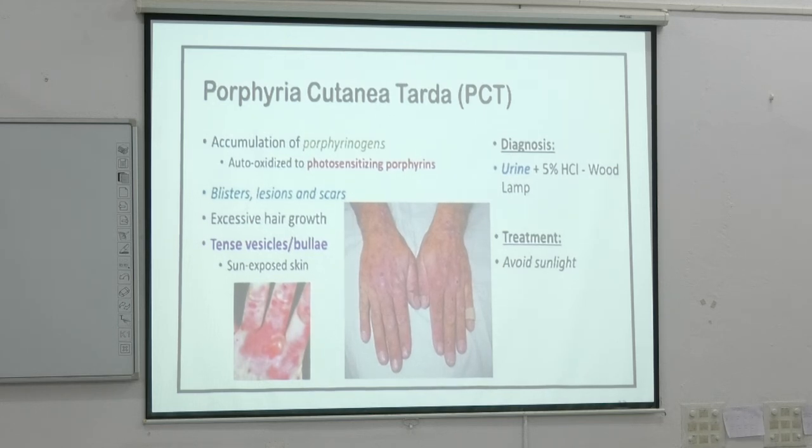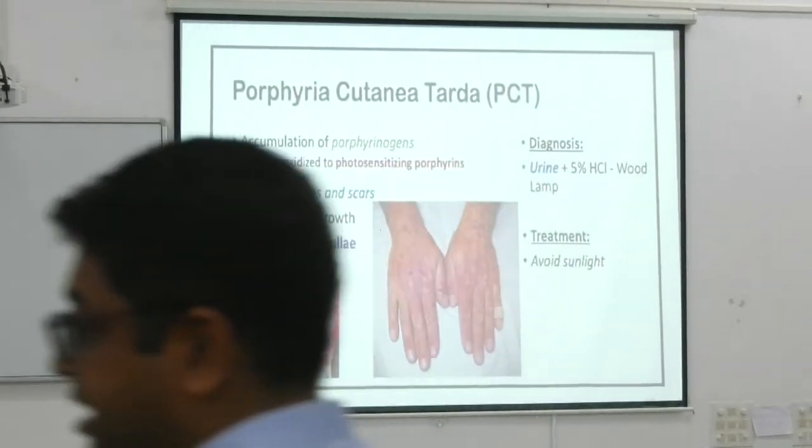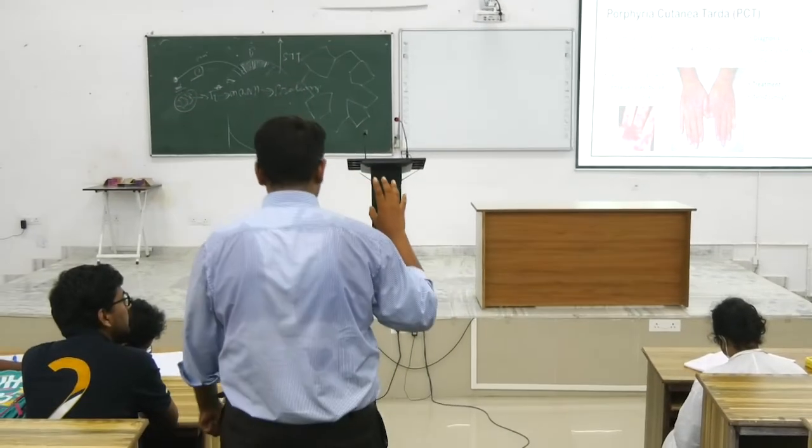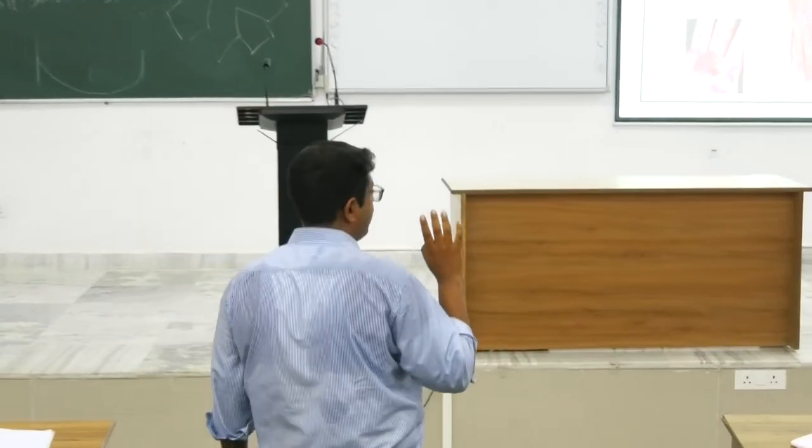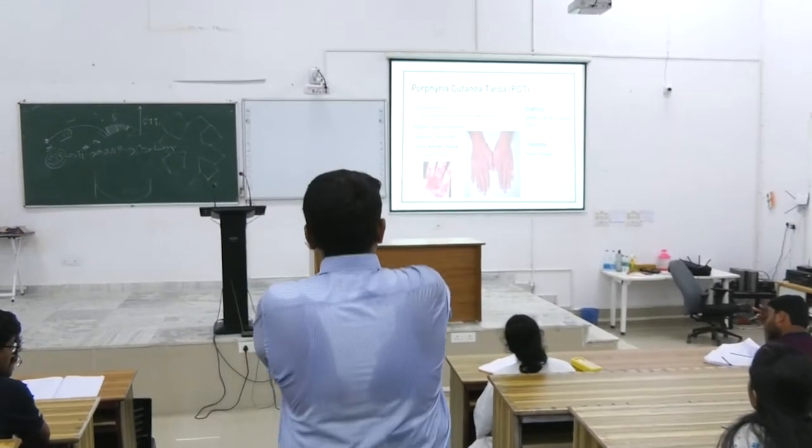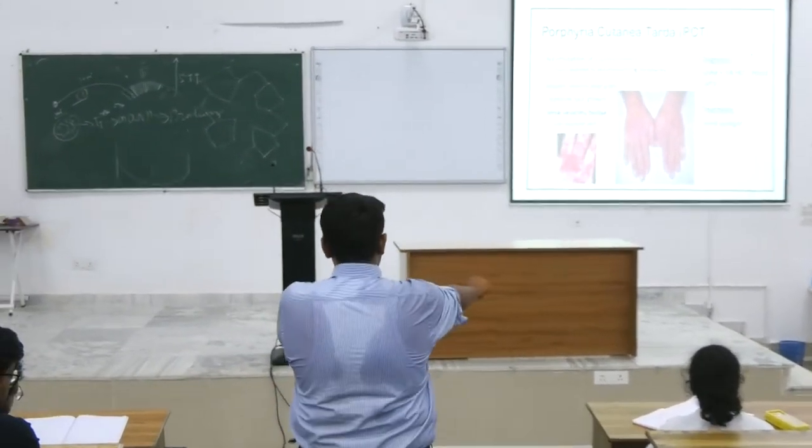And the only way to treat these patients is avoidance of sunlight. Usually, these patients do not live for long. They have very short life expectancies. Okay? So that is about porphyria cutanea tarda.